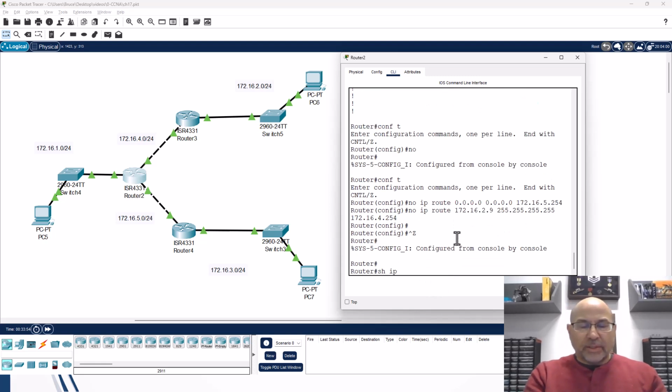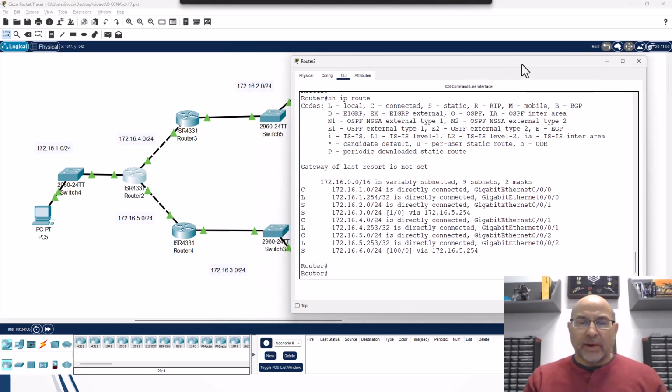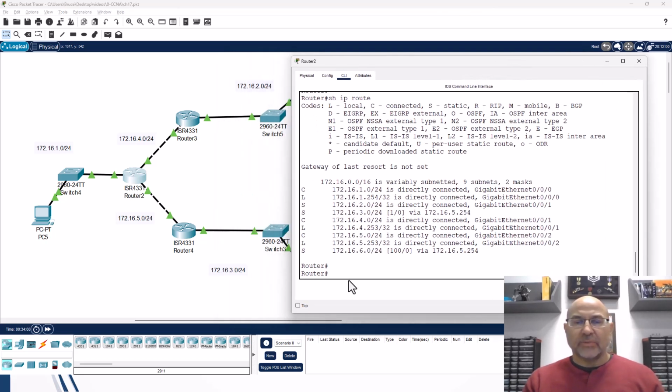All right, so our routing table is going to be a little simpler now. So here we just have networks and I have no default route. So what I'm going to do is tell my router that you've got some static routes, but I'm going to give you a static route for a default route. But this time I'm going to send it via 5.254.